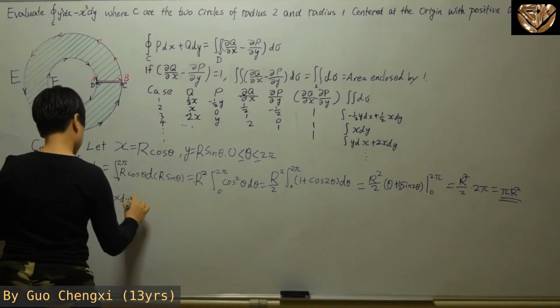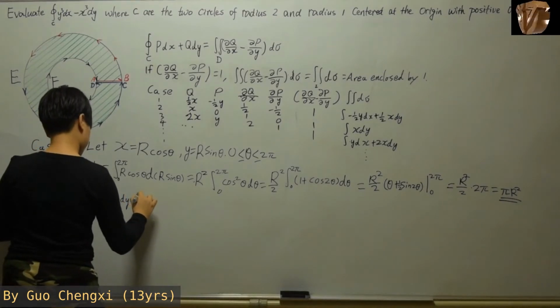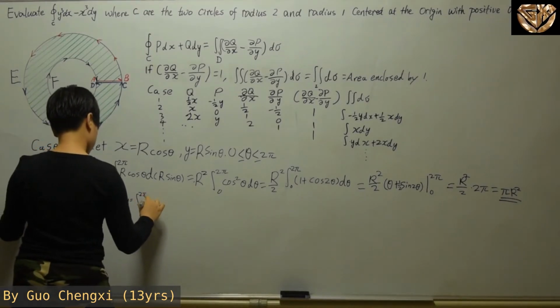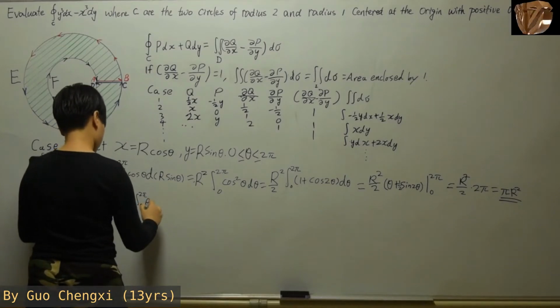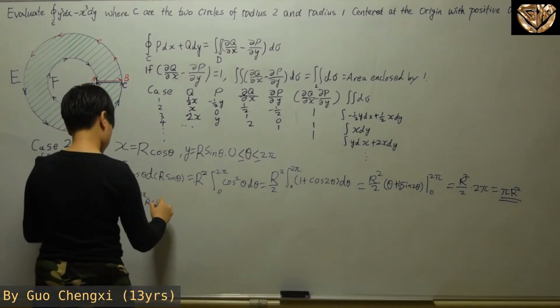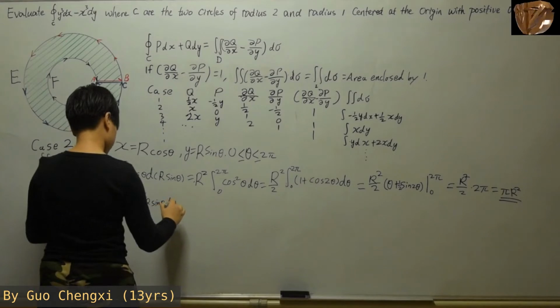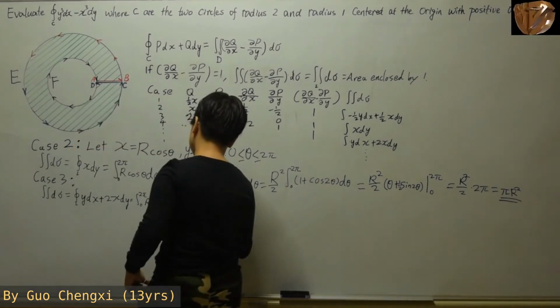And then we substitute it inside again, 0 to 2 pi, sine theta. So for this step, you simply just substitute.